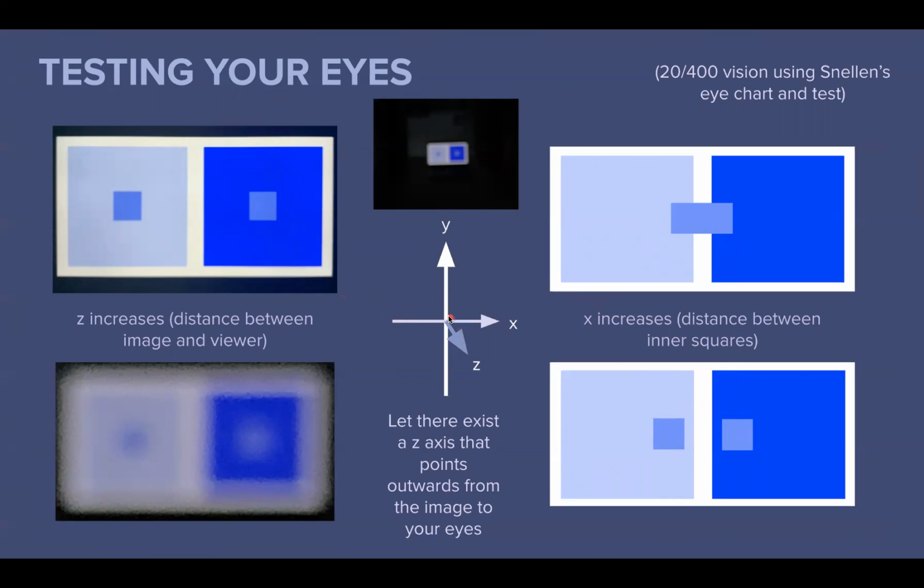So what happens is we increase the z distance, and let's say the z-axis points outwards towards the viewer. So the viewer is seeing this image from further away, 6 meters, and now we're receiving less information about the light, again, because the light rays are converging at a point that is well before the retina, which means that we're not getting the best information about the light.